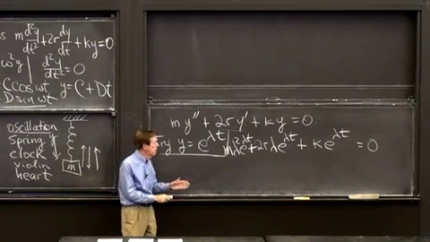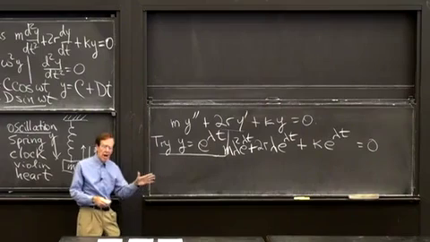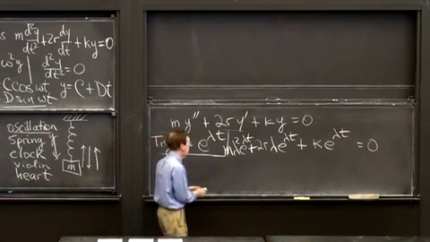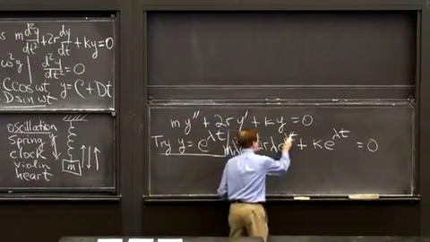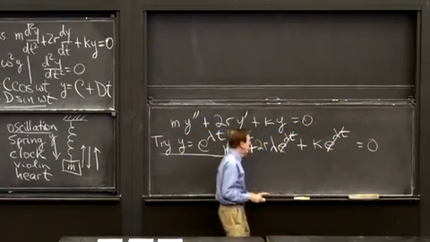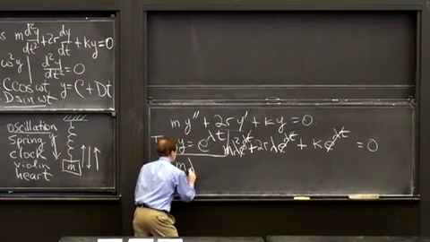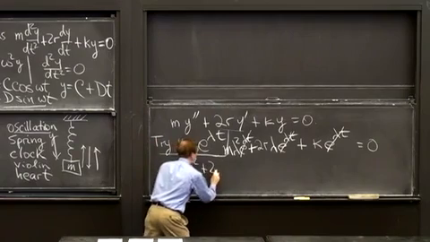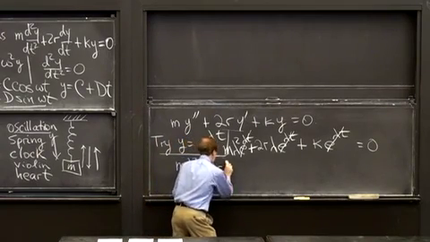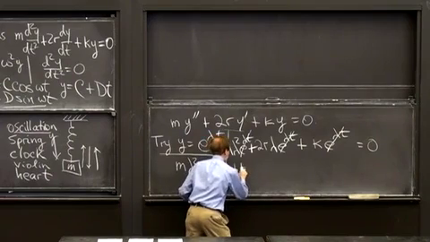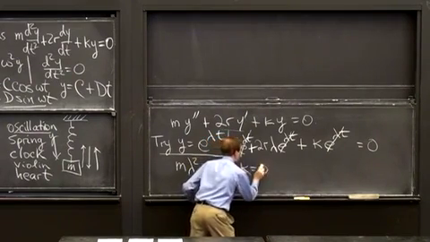I'm going to cancel the common factor e to the lambda t, which is never 0, so I safely divide it out, and then write the equation we get. Let me write that out with more space. m lambda squared plus 2r lambda plus k is 0.